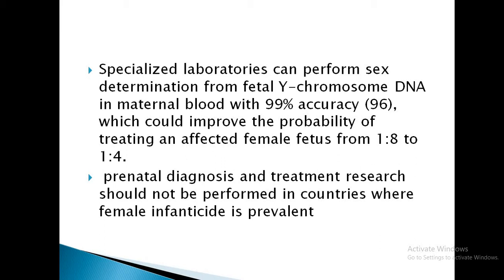So that means twice the chance of an affected female getting treated. So prenatal diagnosis and treatment research should not be performed in countries where female infanticide is prevalent. So that needs to be taken into account for the prenatal treatment.